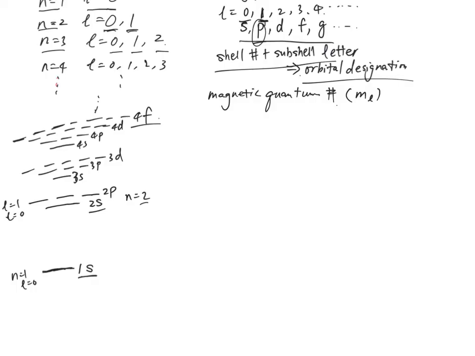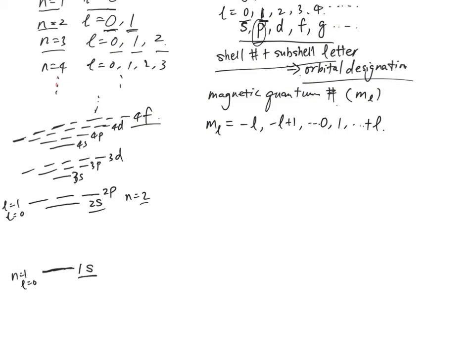It starts from negative L, then negative L plus 1, all the way up to 0, and then all the way up to positive L. This is how the magnetic quantum number is defined.